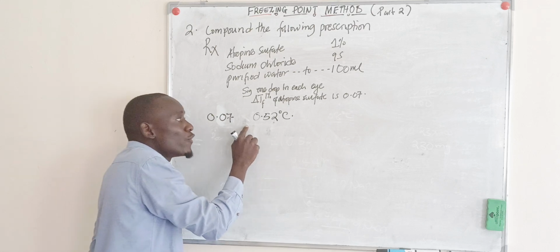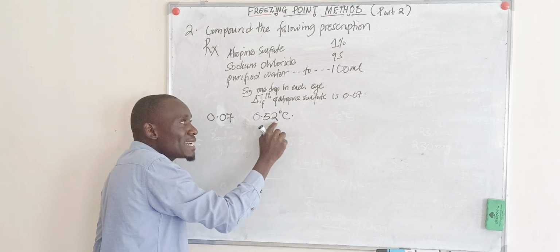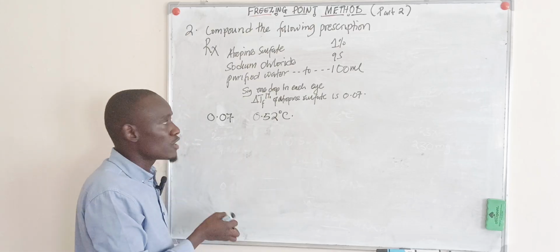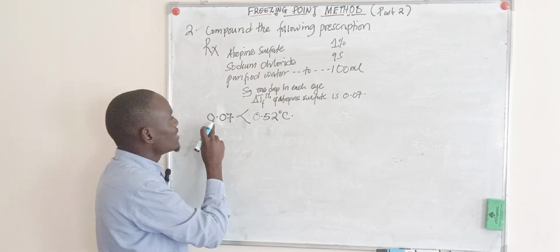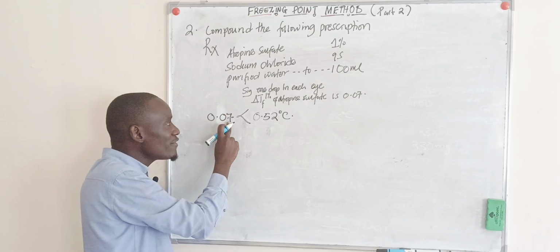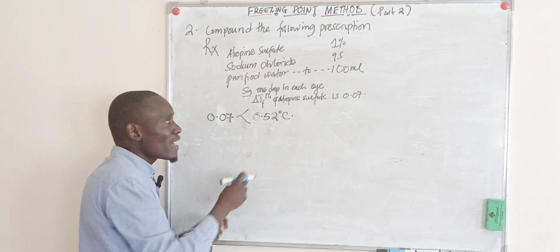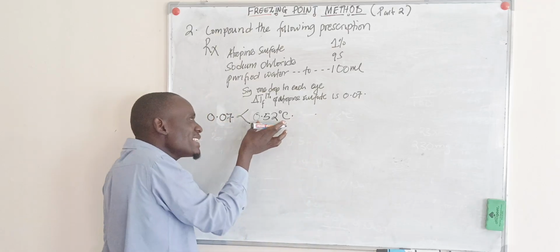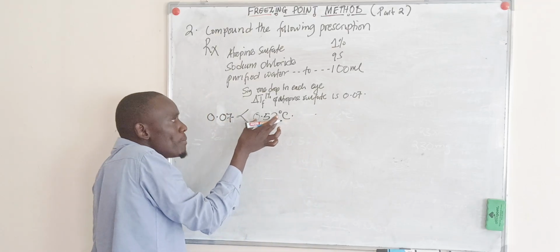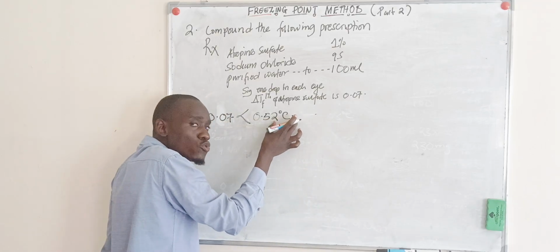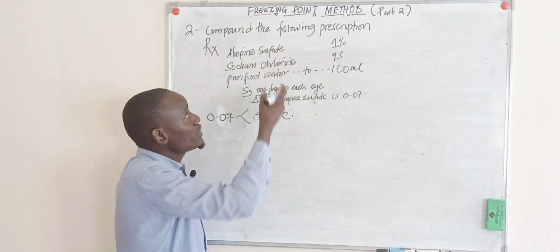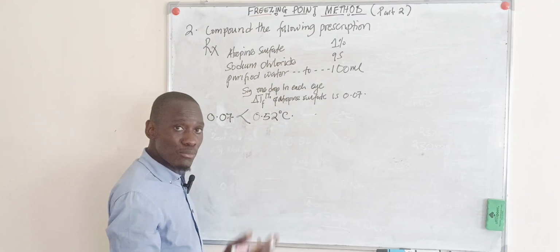Because for a solution to be isotonic, it must have a freezing point depression of 0.52. So since 0.07 is less than this, that means that the remainder, what is remaining to make up 0.52, should be provided with the isotonic modifier, which in this case is sodium chloride.